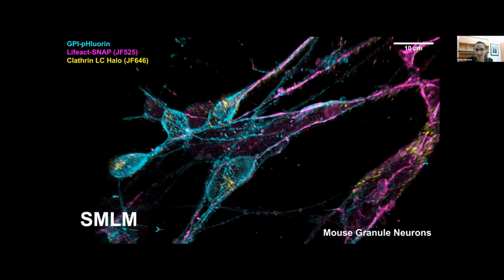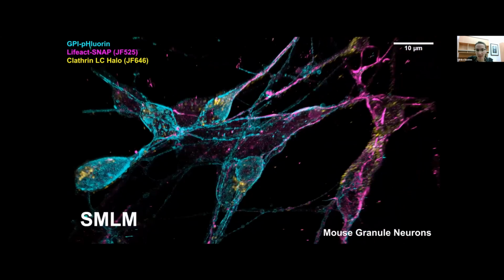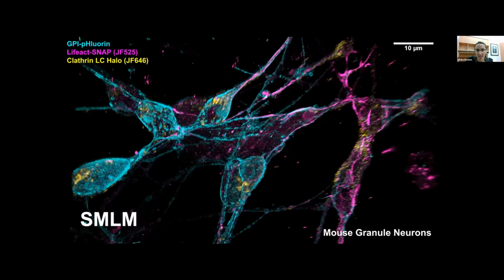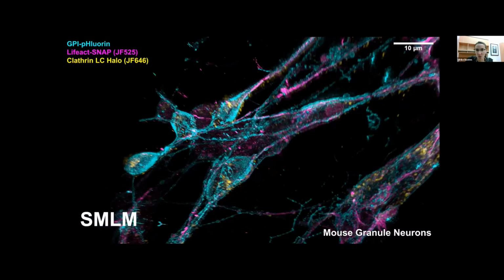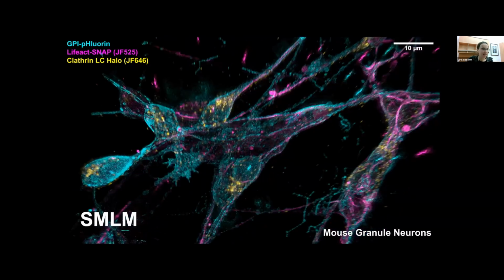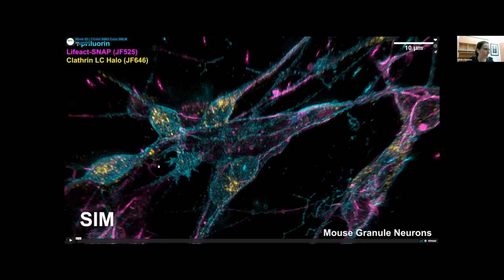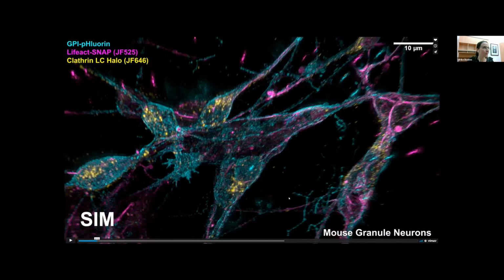But when you freeze samples quite quickly and they are fixed in amorphous ice, the integrity is more or less intact, and they could show that one can still do structured illumination microscopy as well as single molecule localization microscopy. So right now I only have to change to the next slide.